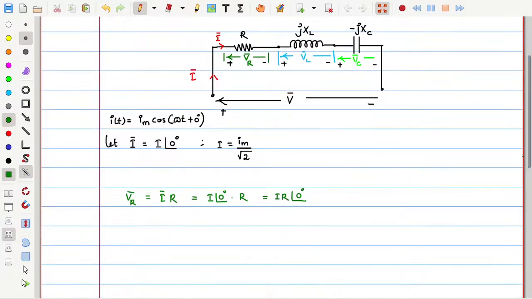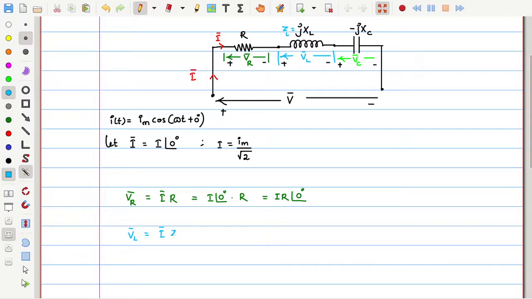Similarly, let us take the voltage across the inductor, VL bar. How do we find it? The same current is also passing through the inductor, so I into its corresponding impedance. How much is the impedance of this inductor? It is ZL, which is equal to jXL.